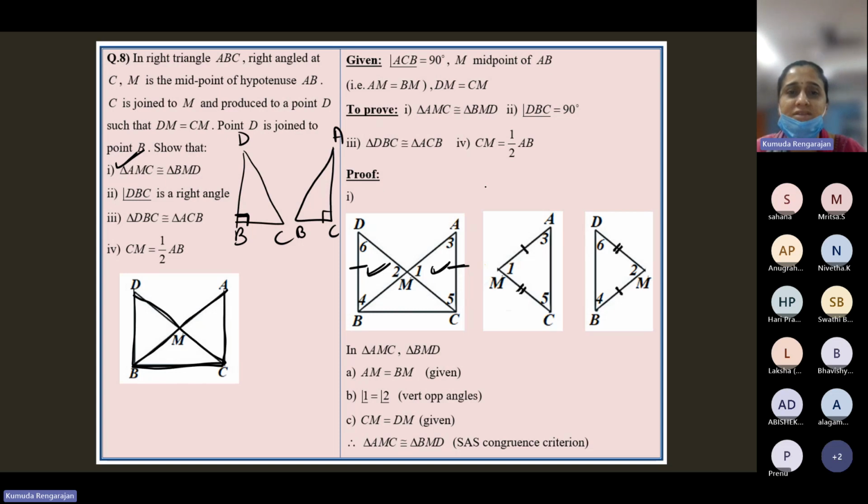Once you prove two triangles are congruent, their corresponding angles and corresponding sides will be equal. So we have proved that AC is equal to BD, CPCT.